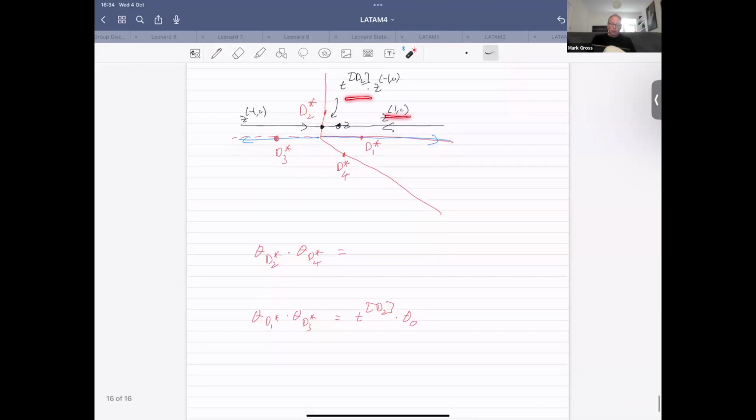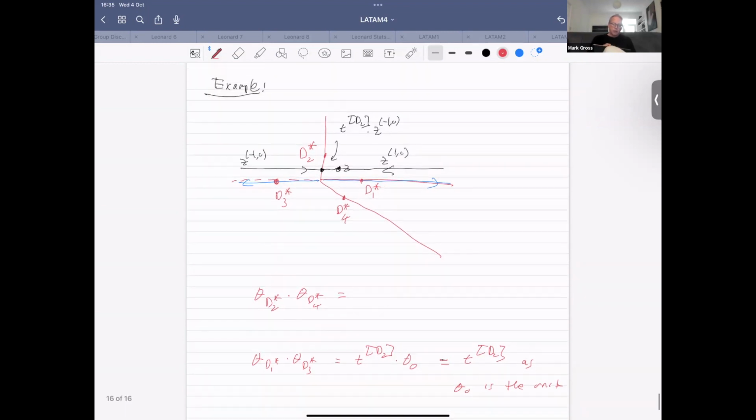So we have two monomials whose product gives Z to the 0, and hence we get T to the D2 times theta 0, and theta 0 is the unit. Okay, so that is the easy one.